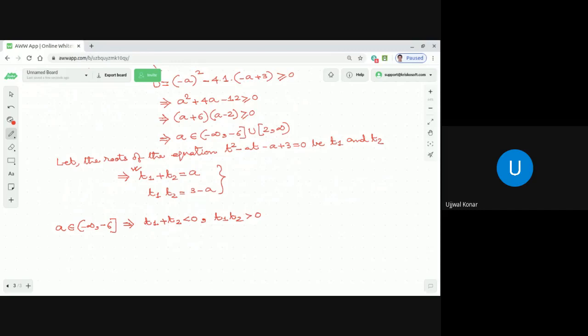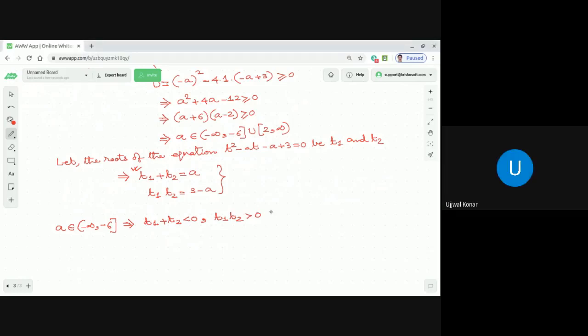So what we get? t1 plus t2 is less than 0 and t1 into t2 is greater than 0. Think about the fundamental algebra. That means both t1 and t2 are negative. It is impossible to have t1 positive and t2 negative. So t1 is negative and t2 is also negative. That's why t1 plus t2 is negative and t1 t2 is positive at the same time.